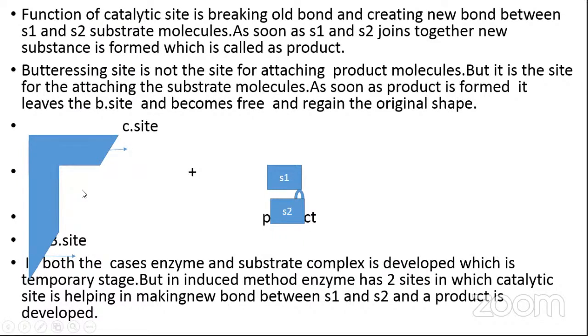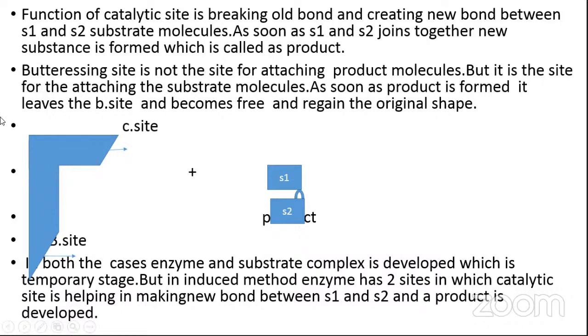That means after developing a bond between the substrate molecules, they get detached from the buttressing site, and they come out independently, or freely, as the end product. And this enzyme becomes free without any substrate molecules. That means it regains its original shape, and again it is ready to participate in the reaction.